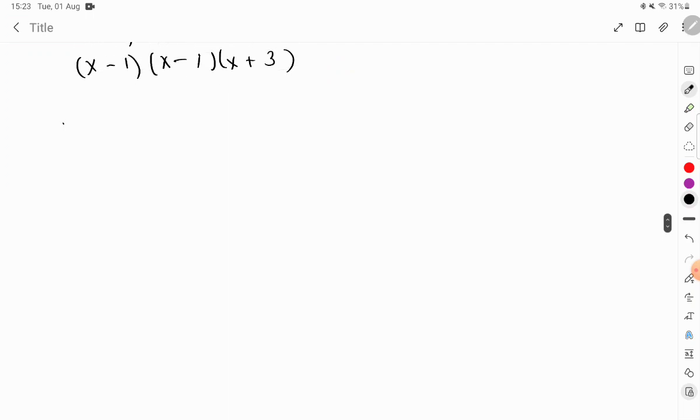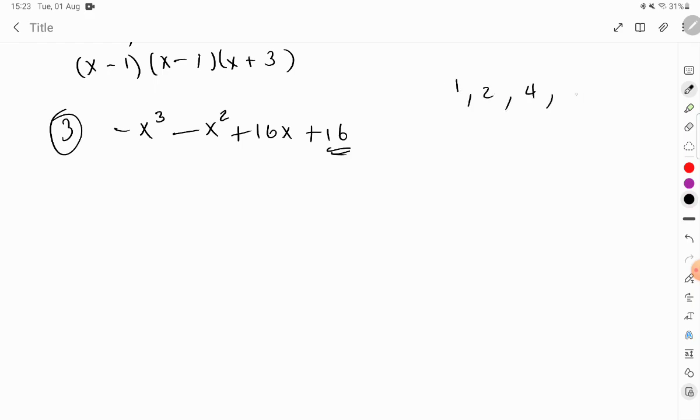Just one last one, number 3. This time around we've not been given a factor. This is our equation, minus x cubed plus an expression plus 16x plus 16. So the first thing that you want to check is you look for factors of 16. Factors of 16 are 1, 2, 4, 8, 16, right?